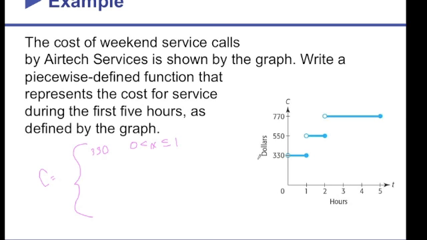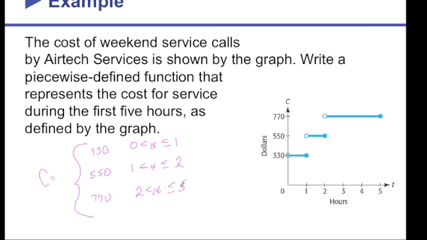This is solid filled in. It's $550 if 1 is less than x, less than or equal to 2. So if it takes up to 2 hours, it's $550. And it's $770 if it's between 2 hours up to 5 hours.